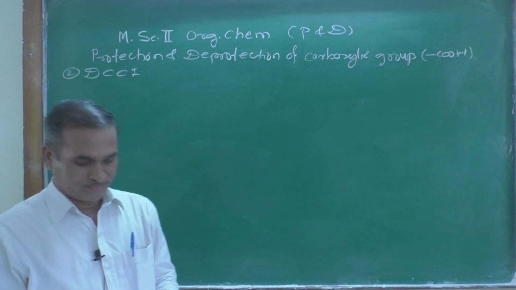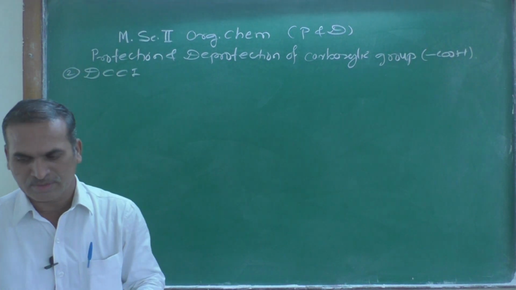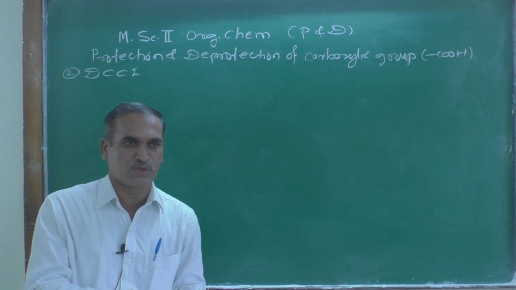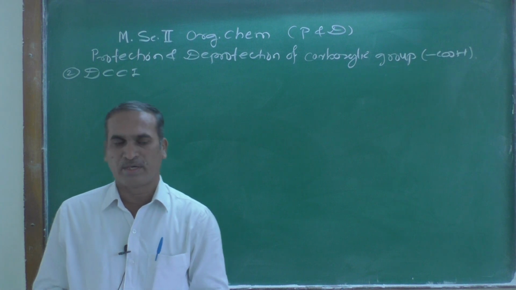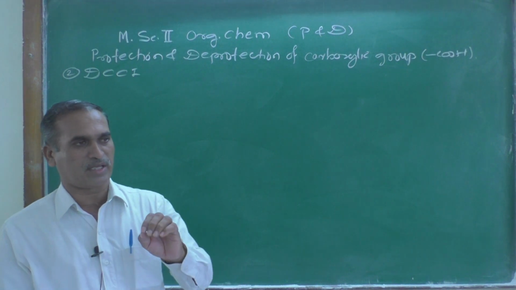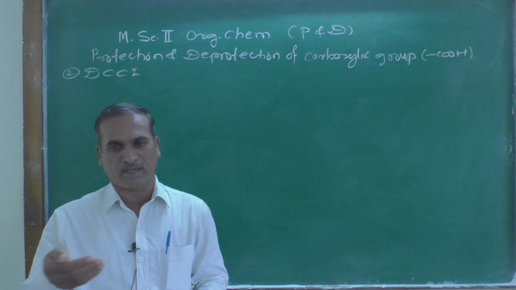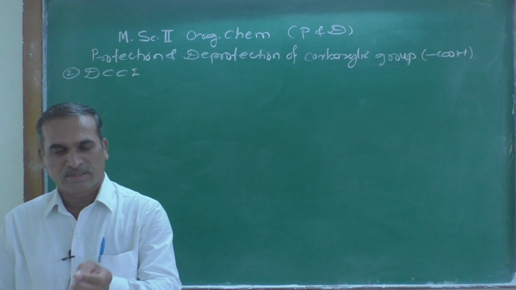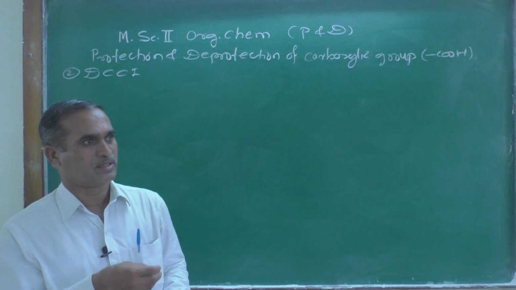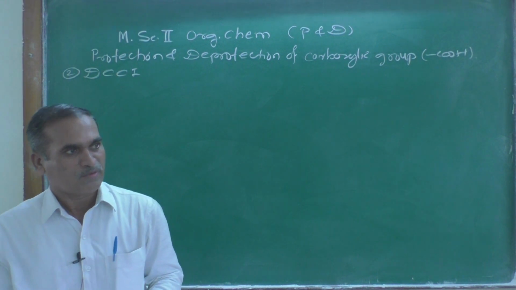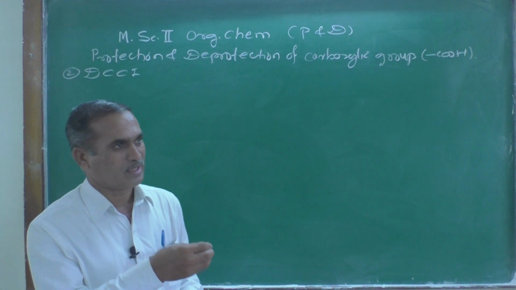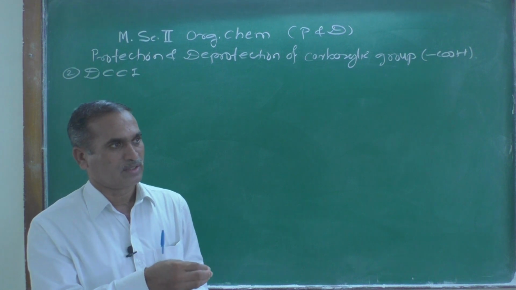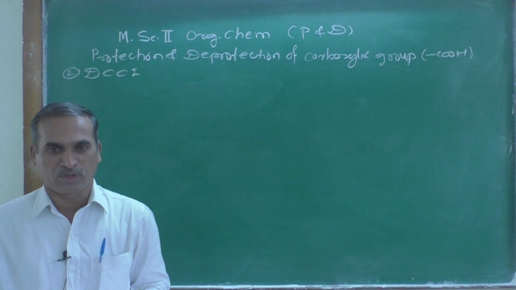And therefore, yesterday we learned some of the protecting groups which can be used to protect the carboxylic group. Number one, we have seen methanol in presence of a catalytic amount of acid, ethanol, phenol or allyl alcohol, or isobutylene.